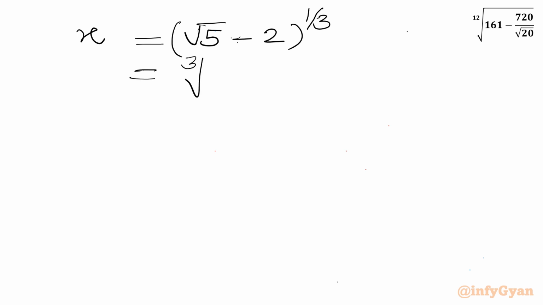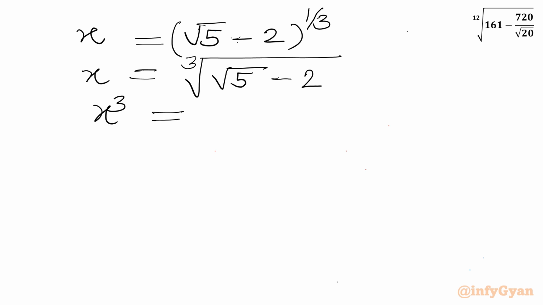x will be equal to square root 5 minus 2 whole power 1 over 3, or we can write it as cube root of square root 5 minus 2. Same thing. Let us consider cubing both sides. So I will write x cube equal to root 5 minus 2.